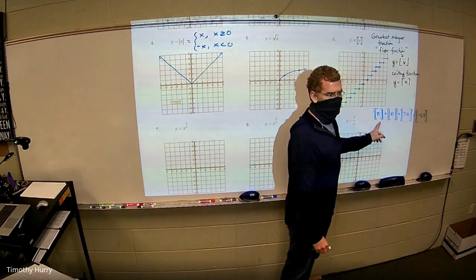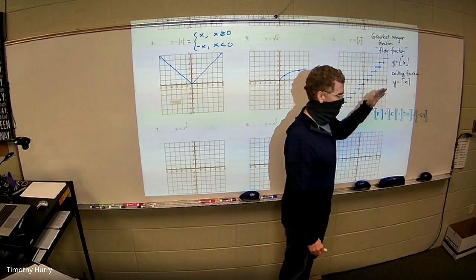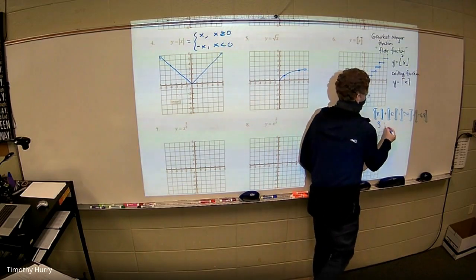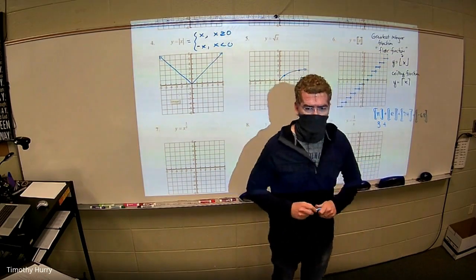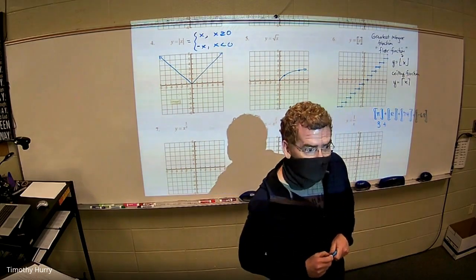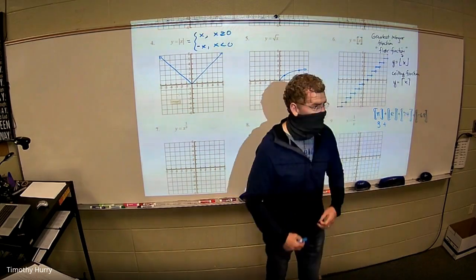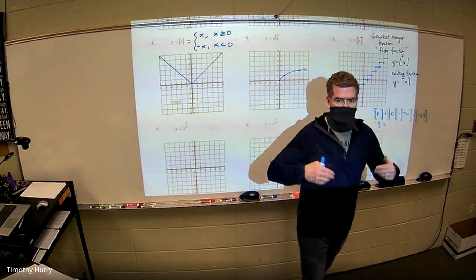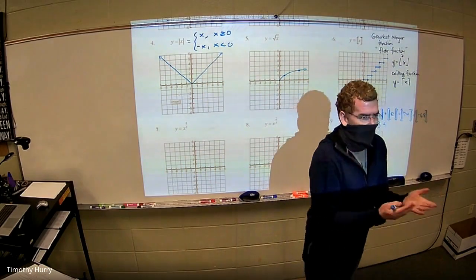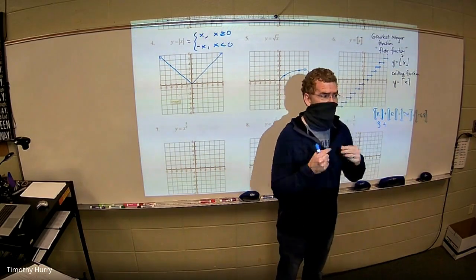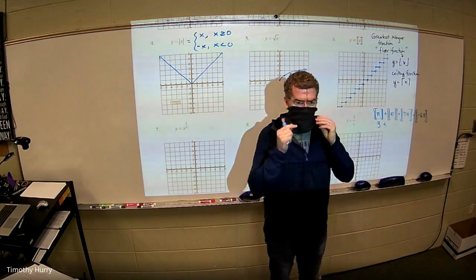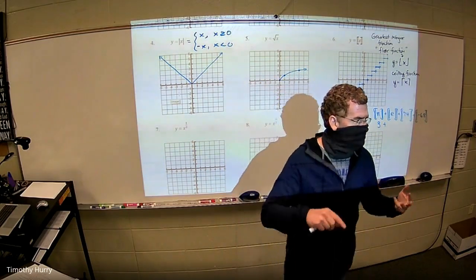So what's the greatest integer function of pi? 3. Rounds it down to 3. What's the greatest integer function of e? It's 2. Because e actually, and you need to go ahead and start getting this in your brain, e is a number like pi that is irrational. It definitely means something. You see it all the time in physics, calculus, logarithms.